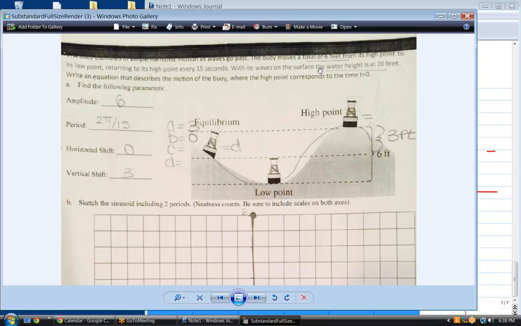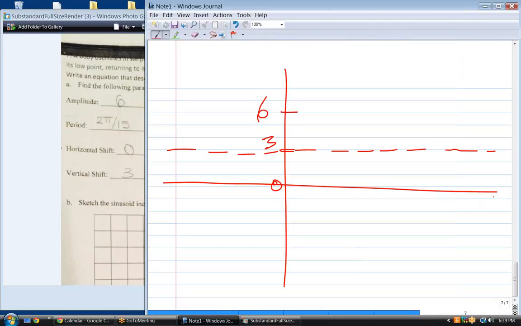When no waves are on the surface, the water is at 20 feet. The fact that they say the high point corresponds to a time of 0 means that if this is my time curve right there, the horizontal curve, and they're saying the high point comes right there, then what kind of curve are we talking about?